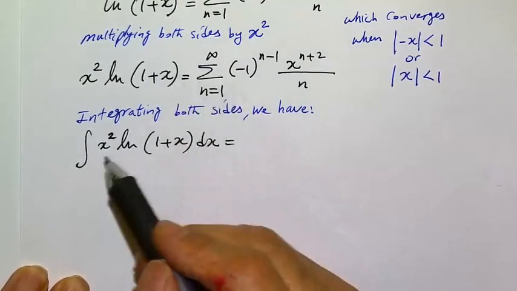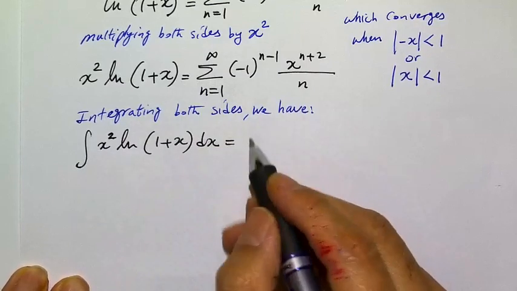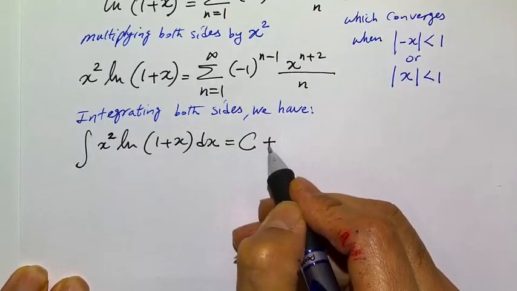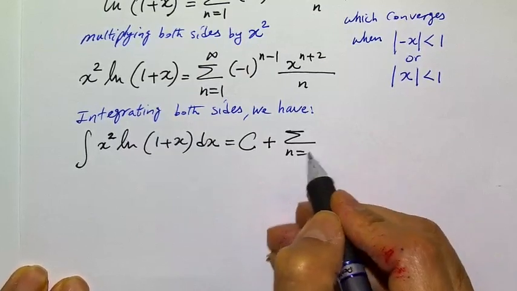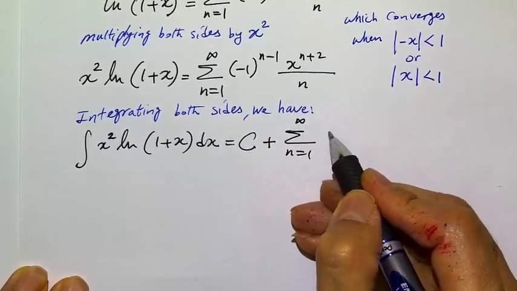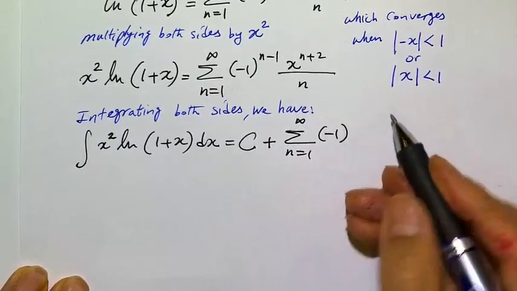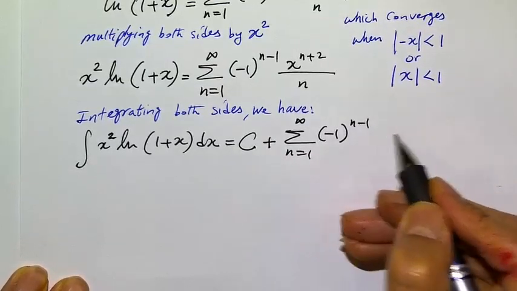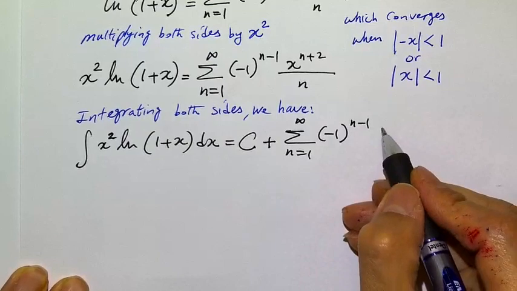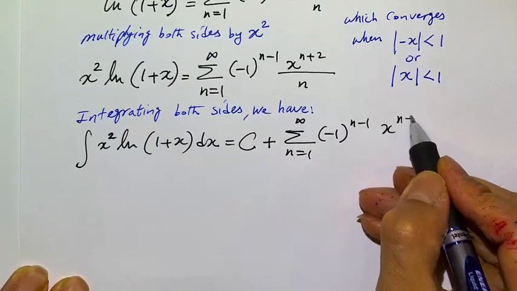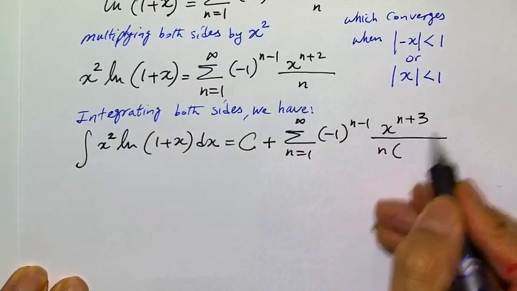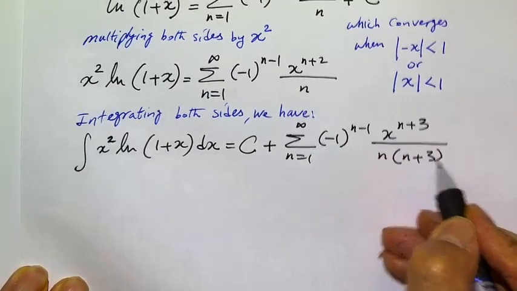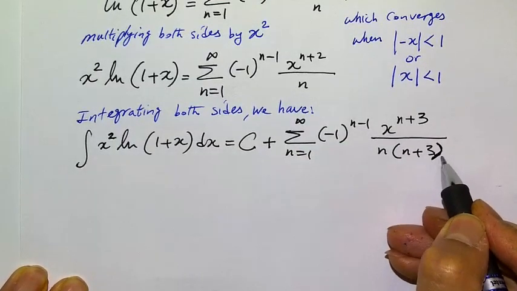And of course, since this is an indefinite integral, we're also going to get a C term, plus that minus 1 to the n minus 1 power, and then x to the n plus 3 divided by this n times n plus 3, like that.